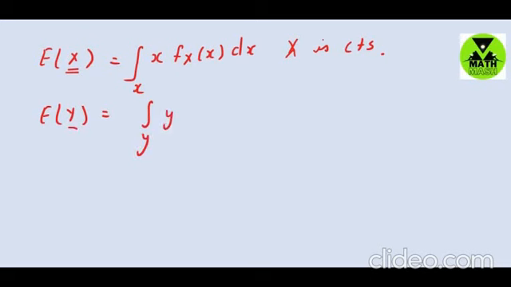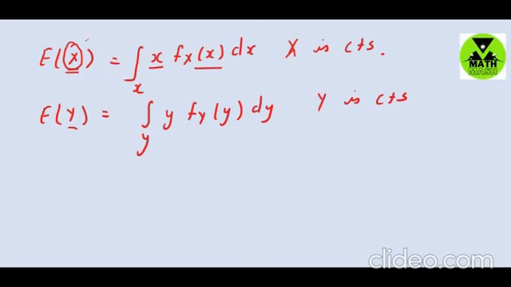Write this y as it is, and this is f y of y, dy, whenever y is continuous. So this is for the case of continuous. Whenever we have to find the expectation, simply write whatever is written here as it is, and if we have two random variables here, take the joint function. If we have a single random variable here, take the marginal density function. So this is the way to compute the expected value.